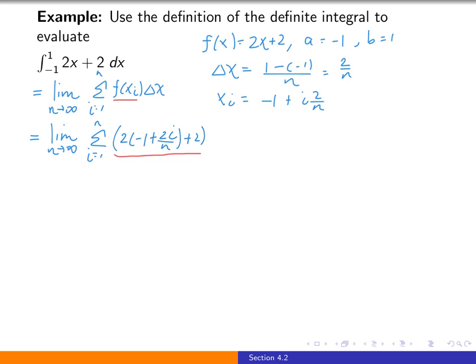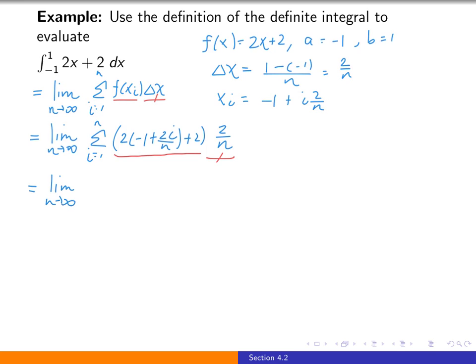Now I need to multiply it by delta x. So 2 over n. So the 2 over n corresponds to delta x. Now before getting too carried away, the first thing I'm going to do is just expand everything out inside the parentheses and then see if there's anything I can combine or simplify.